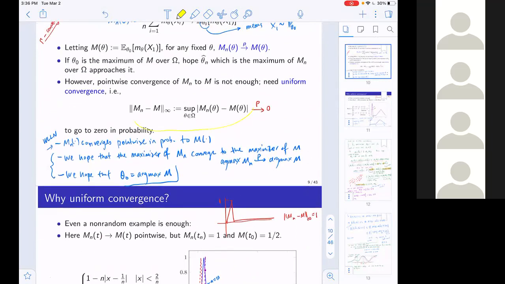So the supremum norm converges, and we talked about the idea that pointwise convergence might not be enough for the convergence of minimizers or maximizers.